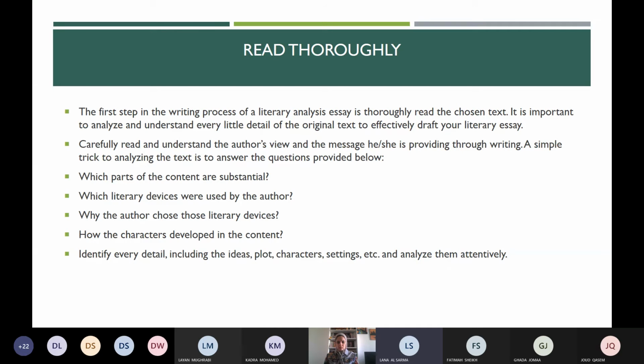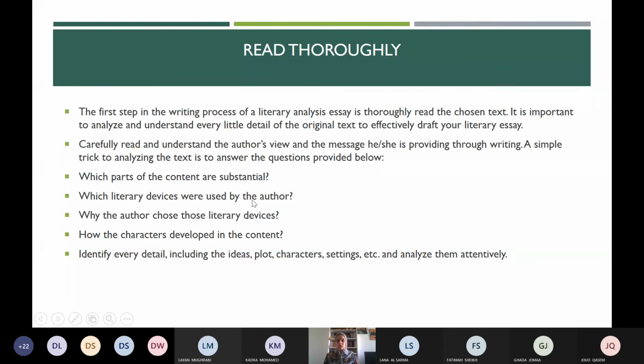Which parts of the content are substantial? Which literary devices were used by the author? Why did the author choose those literary devices? How were the characters developed in the content? Identify every detail, including the ideas, plot, characters, settings, etc., and analyze them attentively. So, which parts of the content are substantial?